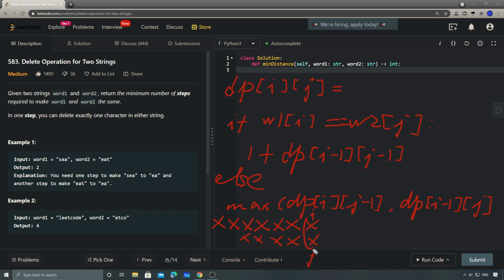If these two are the same, then at least we have one common character here. That's why we do 1 plus here, and then the remainings are the sub problems. In this case, the sub problem is the previous one: the i minus 1 string from word one and the j minus 1 string from word two.